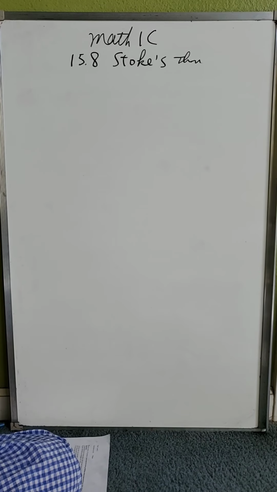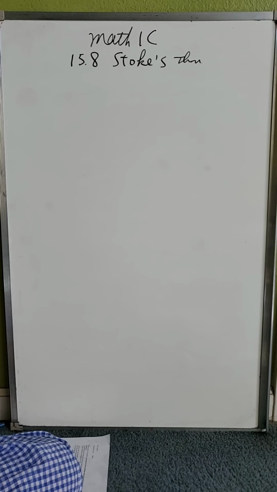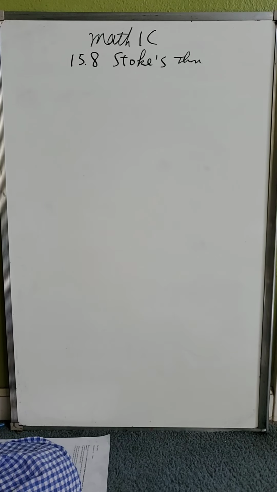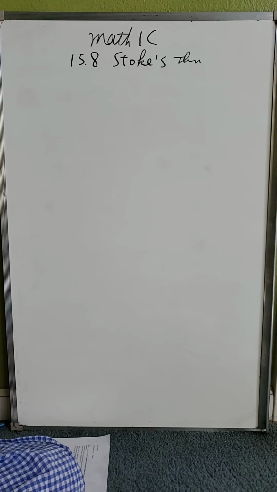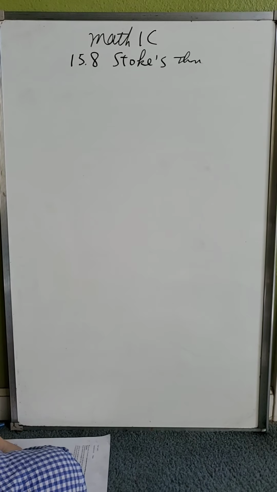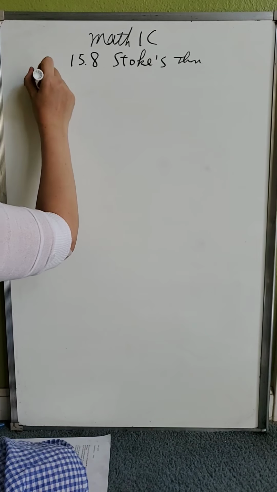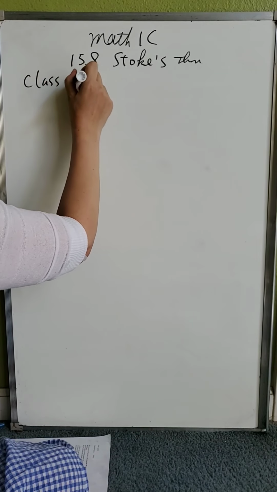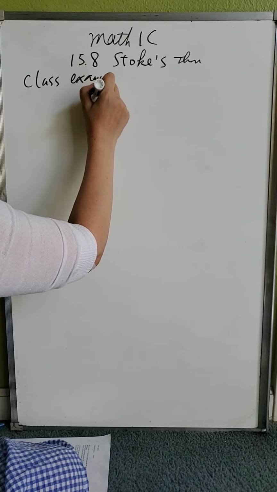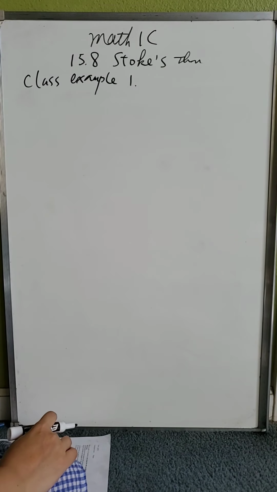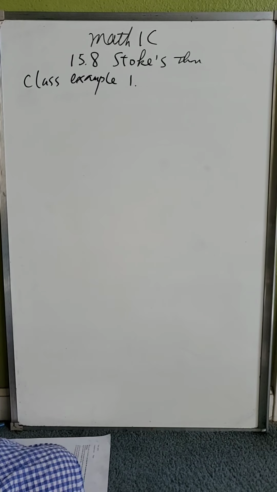Okay, so we're going to verify Stokes' theorem. The first one I want to do is class example number 1. The reason is the book we have, their examples are a little bit too simple, okay?